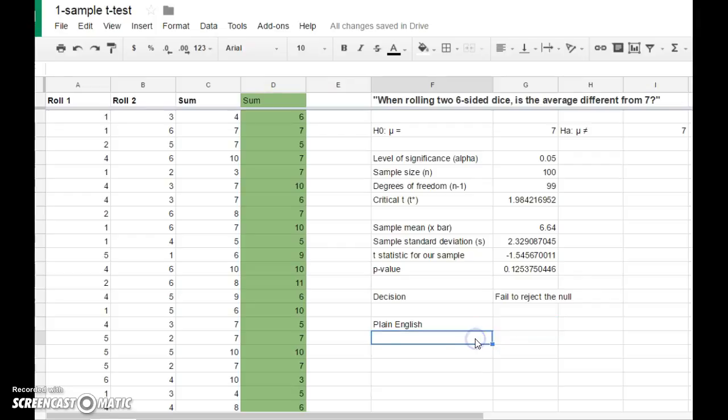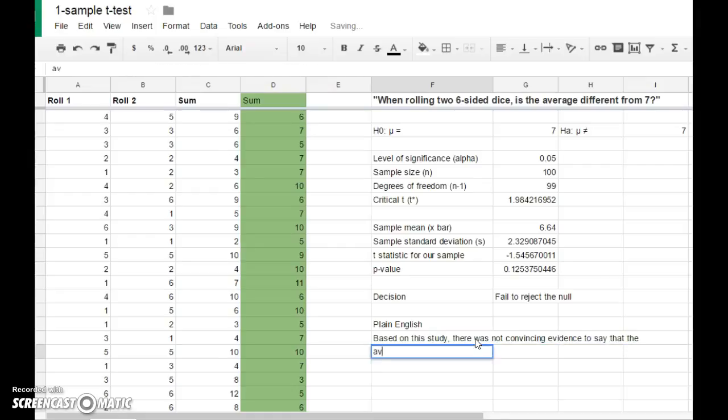So my plain English was, based on this study, there was not convincing evidence to say that the average of 2 dice is different from 7.